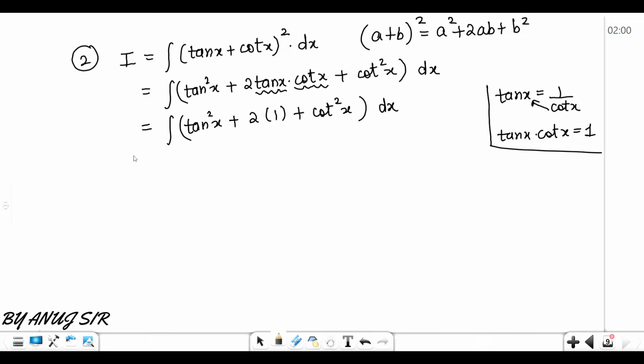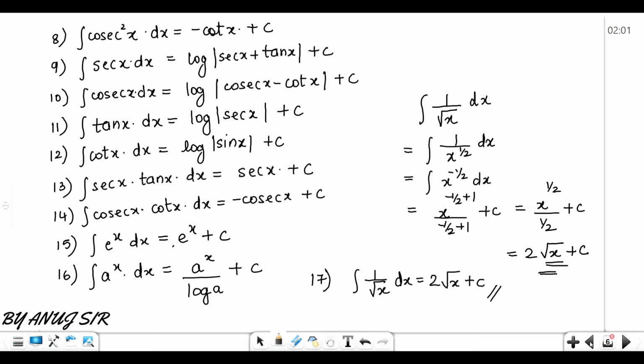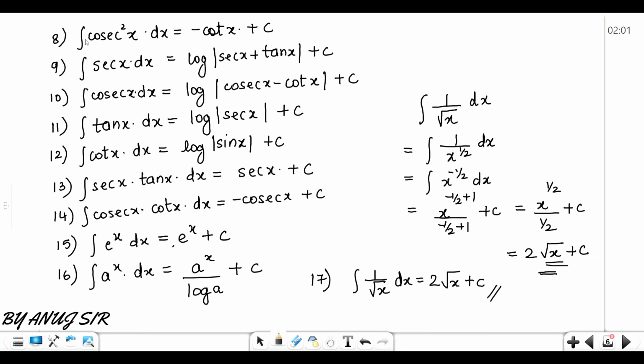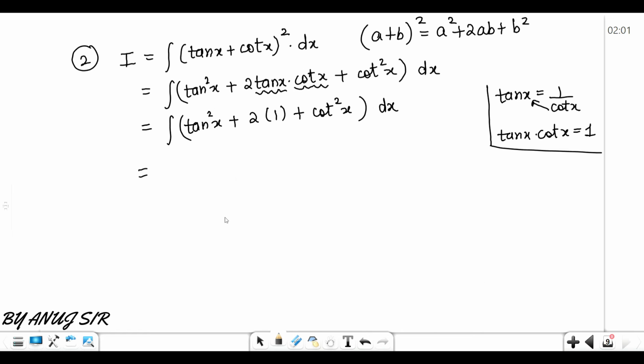Now we'll look for the formula of tan square and cot square. If you remember, we don't have the formula of tan square and cot square, but instead we have the formula of sec square, and we have the formula of cosec square. So what we can do, we can write the tan square in terms of sec square, which is sec square x minus 1, plus 2, plus cosec square x minus 1, dx.